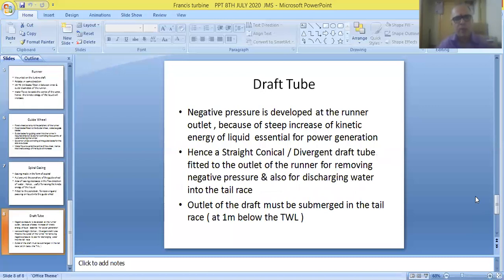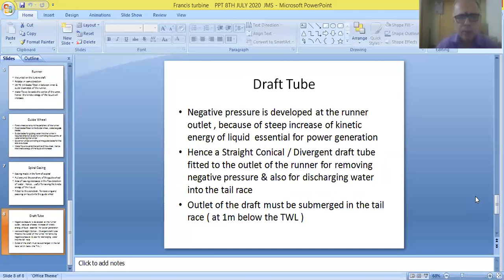Also, we have talked about the arrangement of the draft tube, and the purpose of the draft tube. Negative pressure is developed at the outlet of the runner. Therefore, we have to make arrangements for removing the negative pressure of the liquid. So this draft tube is fitted to the runner.